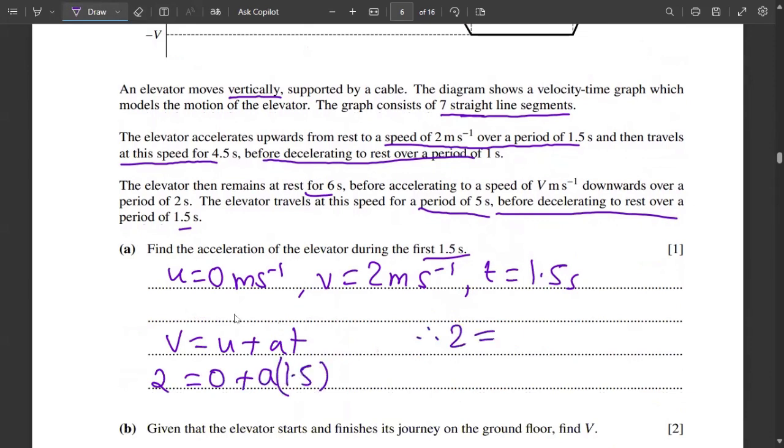Therefore, 2 equals 1.5a. Therefore, a equals 2 upon 1.5. If I put this in the calculator, the answer will be 4 upon 3 meters per second squared, which is 1.33333 meters per second squared.